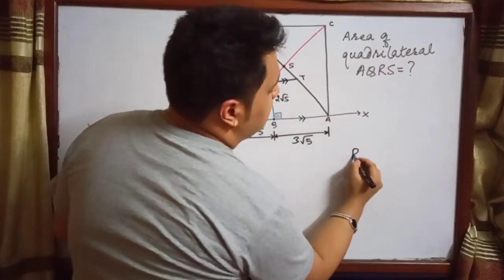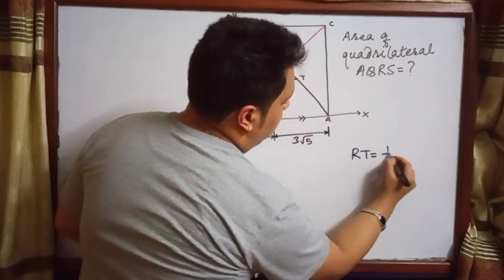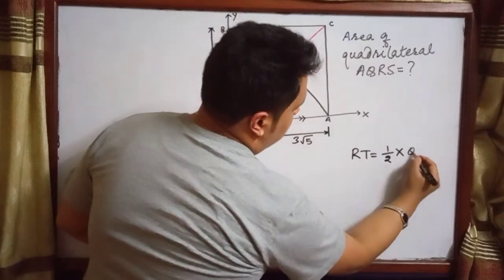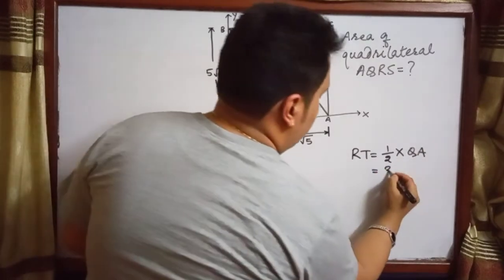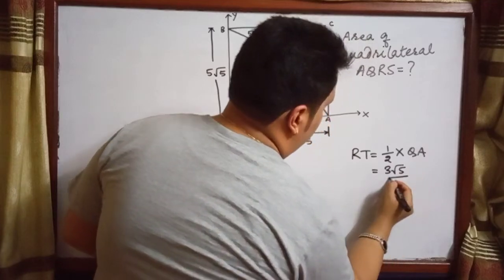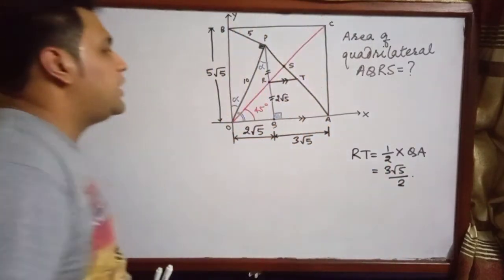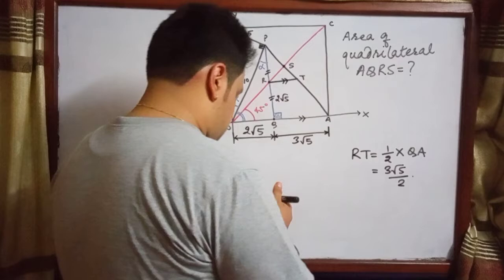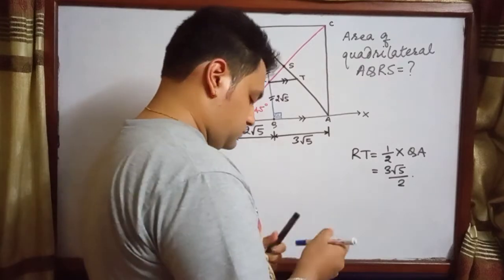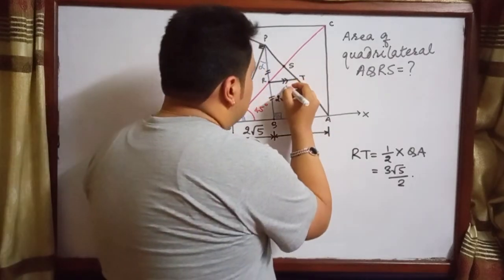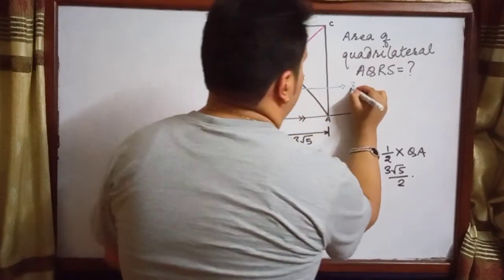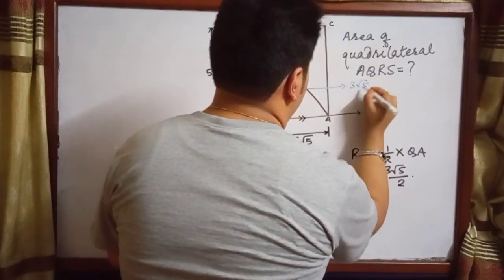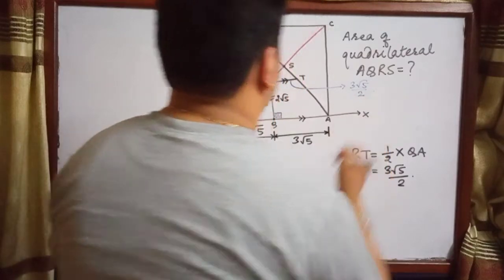So RT is equal to 1 by 2 times QA. So this is equal to 3 root 5 by 2. This length is 3 root 5 by 2.